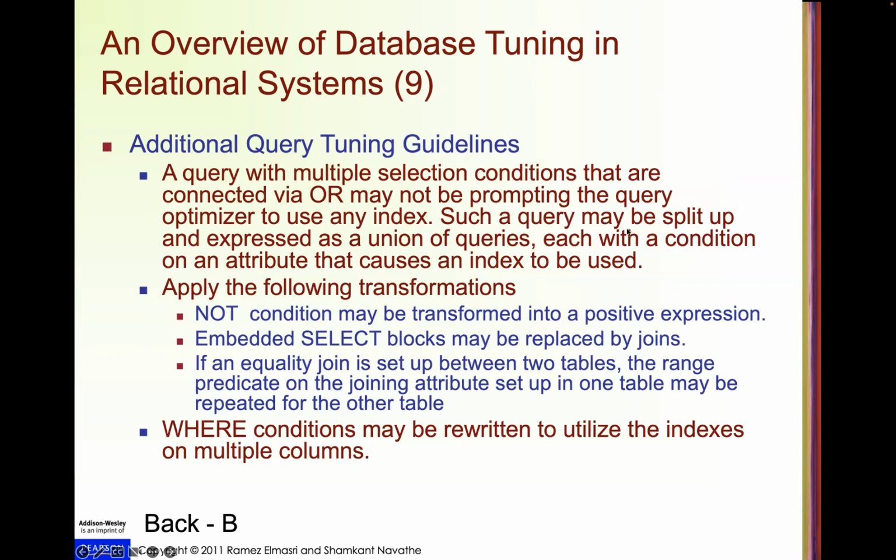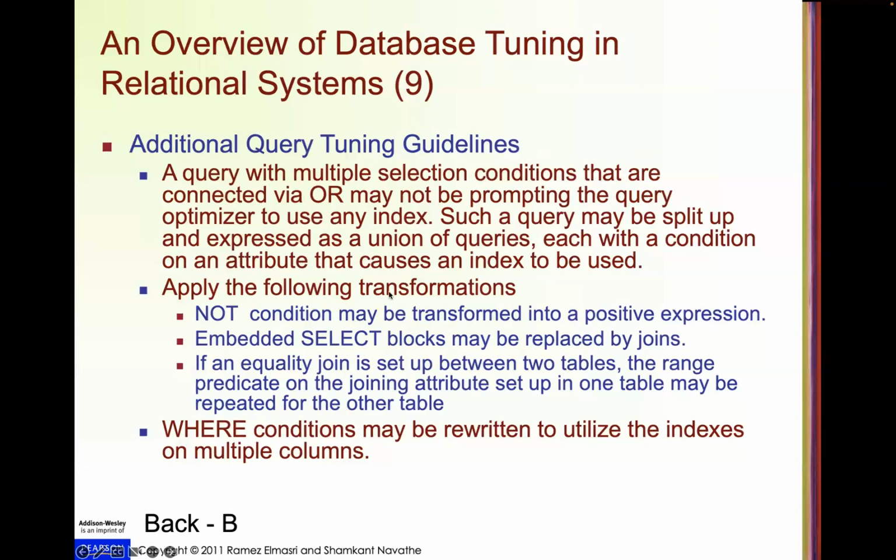Such a query may be split up and expressed as a union of queries, each with a condition on an attribute that causes an index to be used. So it is saying that if you have a big query with multiple conditions inside it and they are connected with OR, they might not be very prompting to use the index. In such cases, what can we do? We can split the query and express it as the union of those queries, each with a condition on an attribute that causes an index to be used.